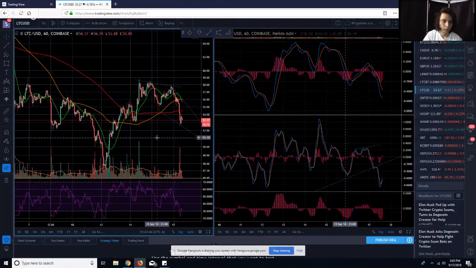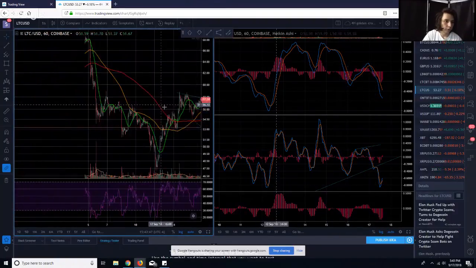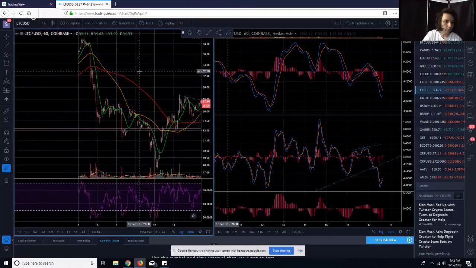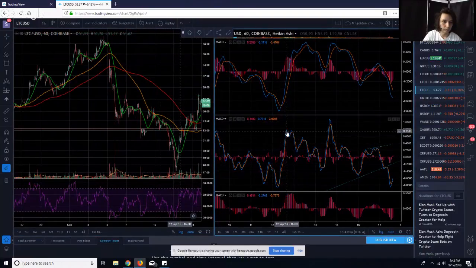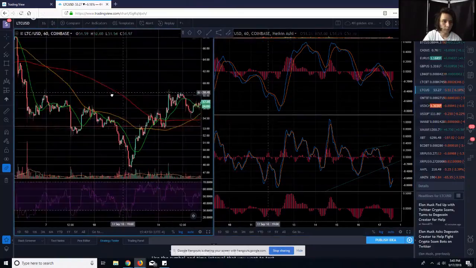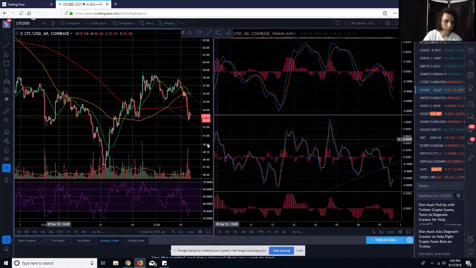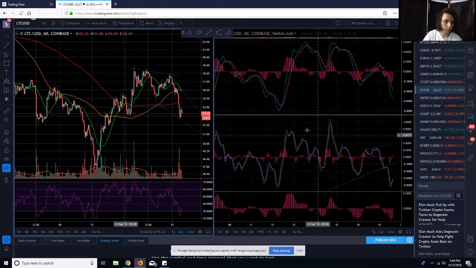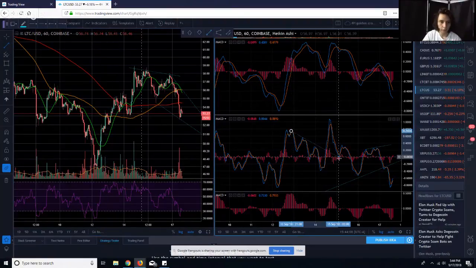So I didn't see any sell signals on the 12th, but let's go back a little bit and go over some examples. We're going to take a look at this area right here. On the short-term MACD, draw some trend.